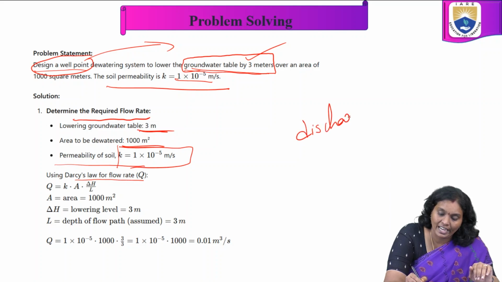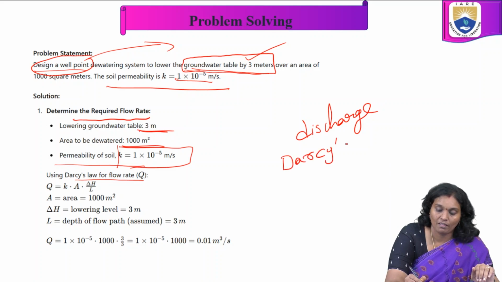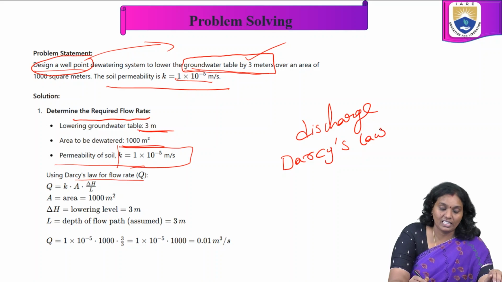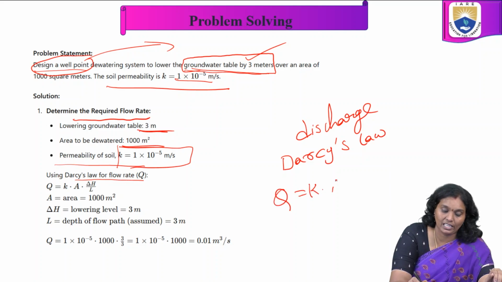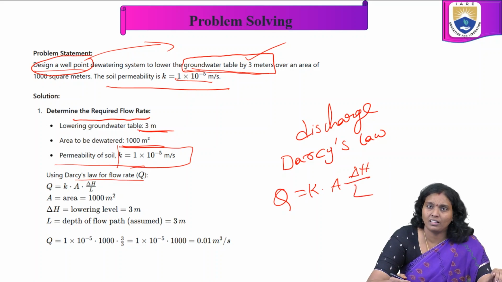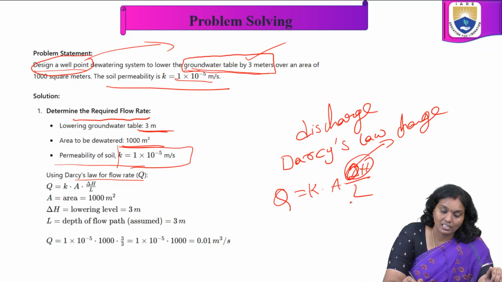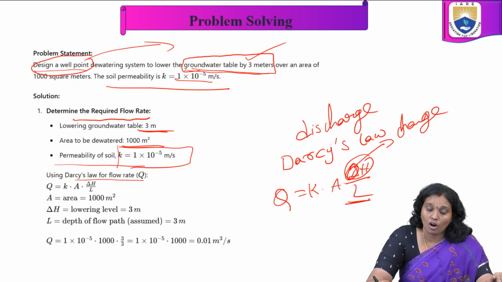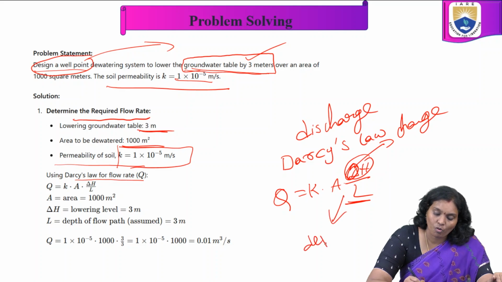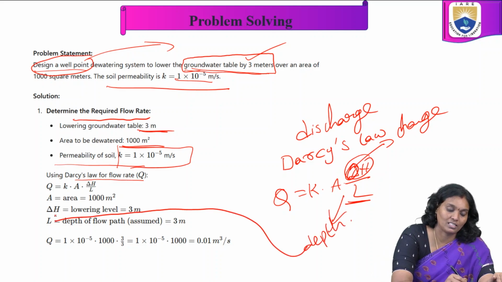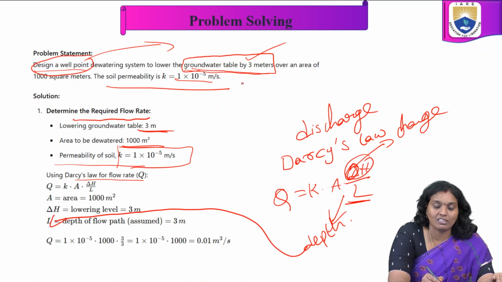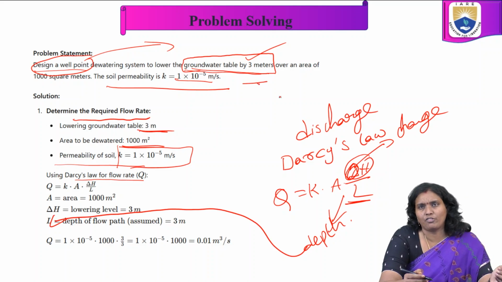For finding the discharge in this condition, we use Darcy's law: Q = K × A × (Δh / L). Here Δh is the change of level, and L is the depth of the flow path, how much depth there is within the flow path. That was not mentioned here; if it is not mentioned, no problem.